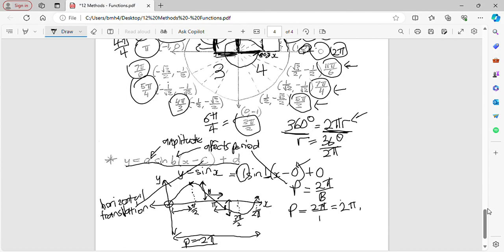And D will lift the graph or lower the graph, just like what we saw with the exponential graphs. It's the same thing. And that is also what we say is the equation of the principal axis. So in the other one we said it was the equation of the horizontal asymptote. This time with the trig graphs, it's the equation of the principal axis.